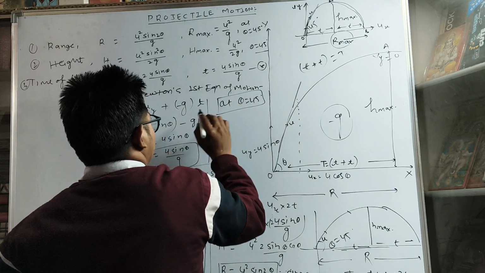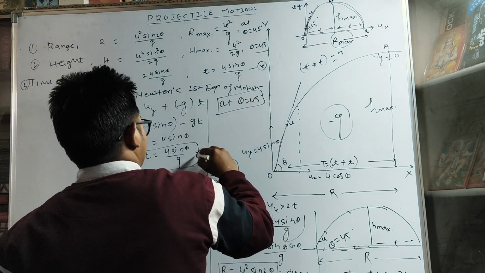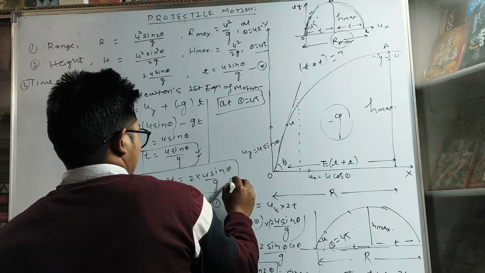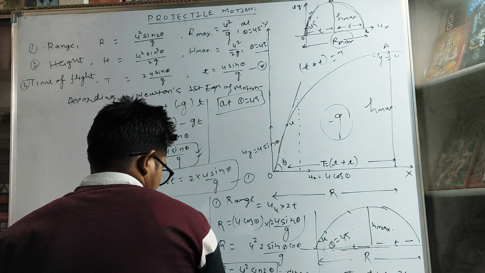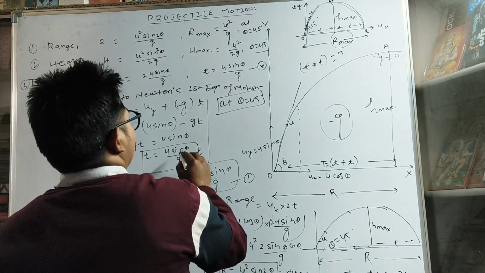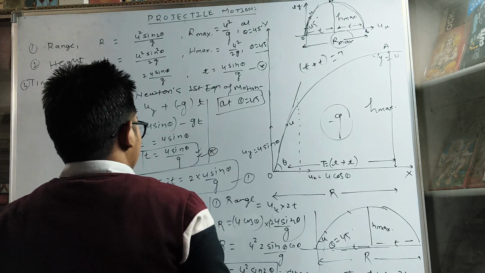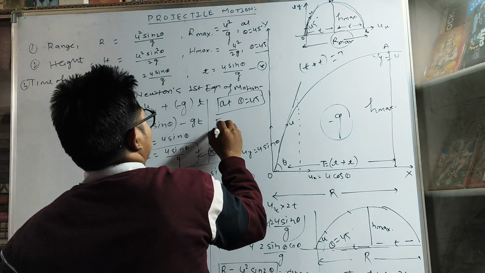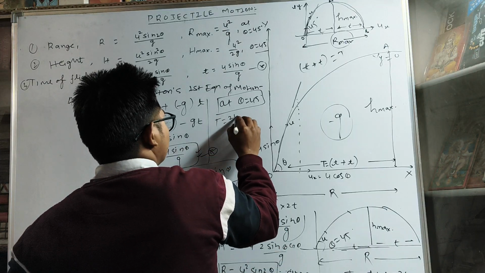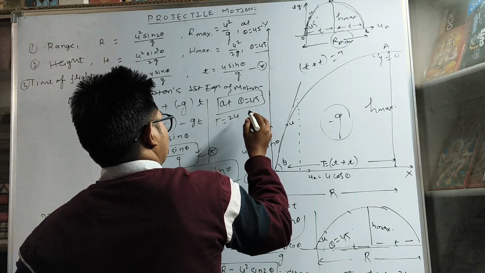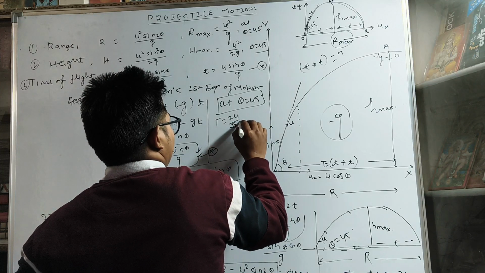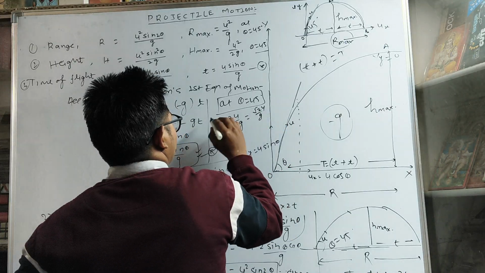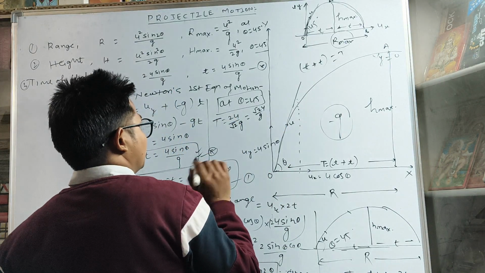If we put theta 45 in the first, second and third equations, where the first is the time of flight equation marked with star, then t equals 2u sin 45, which is 1 by root 2, so it becomes root 2 u by g, the total time of flight at a 45-degree angle.